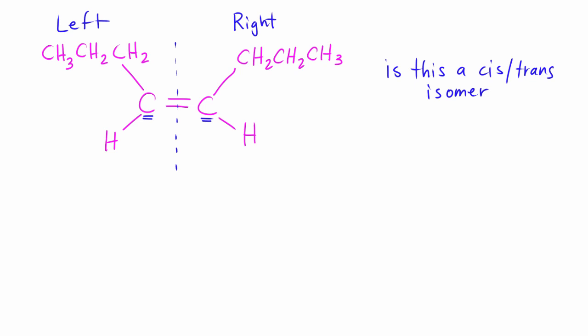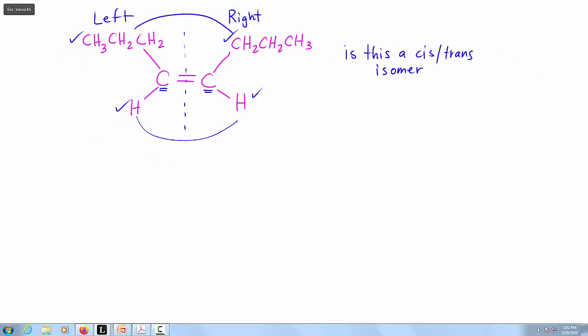So that is true because I have a CH3, CH2, CH2 here. I have the same group here and the same group there. So these two are the same and those two are the same. So I meet the criteria for cis and trans. I have two groups that are the same on both carbons, but if I had one group, I would meet the criteria. So yes, it is.